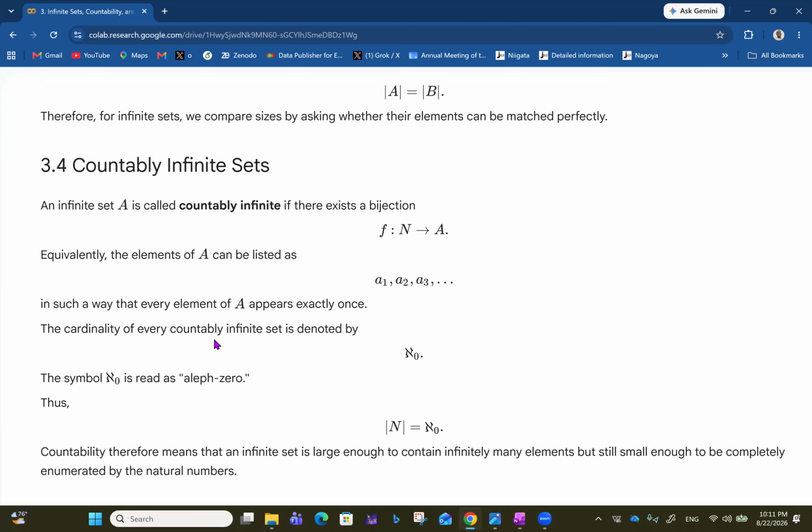The cardinality of every countably infinite set is denoted by aleph naught, also called aleph zero. Thus, the cardinality of the set of natural numbers N is aleph zero. Countability therefore means that an infinite set is large enough to contain infinitely many elements, but still small enough to be completely enumerated by the natural numbers.